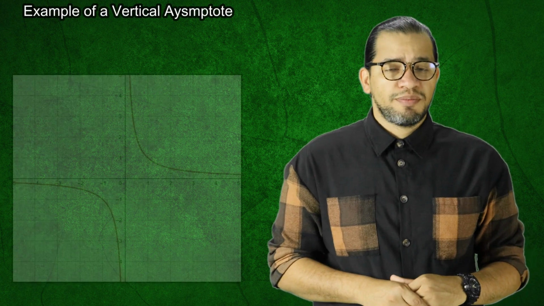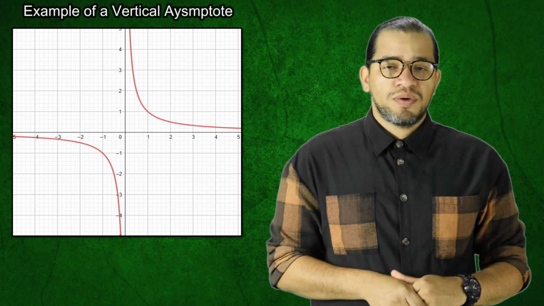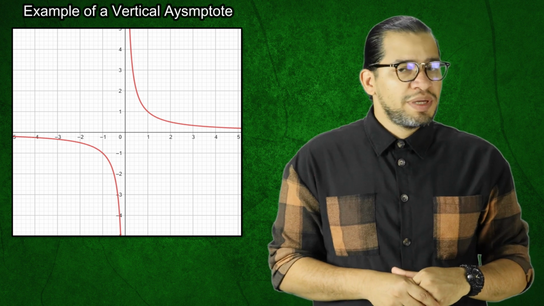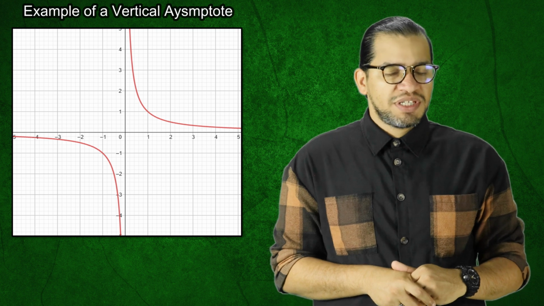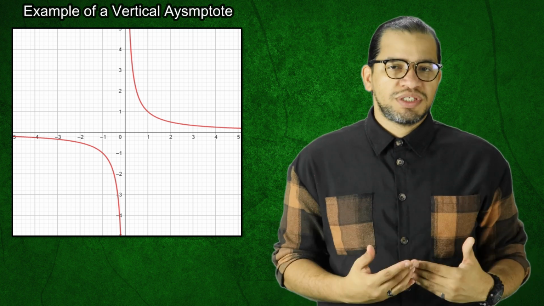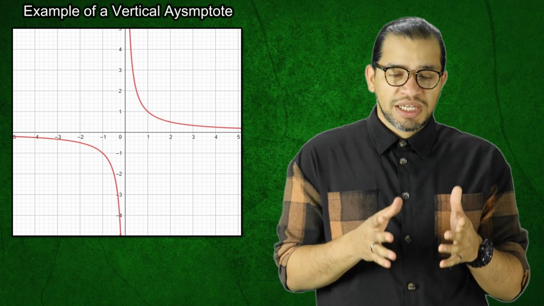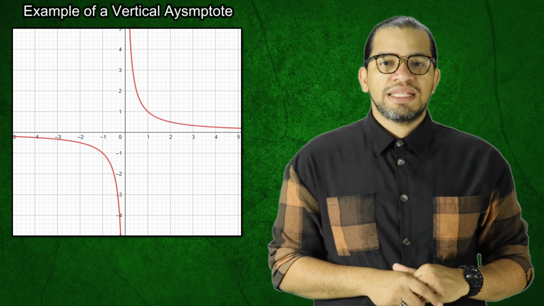For instance, let us consider the rational function given by f of x equal to 1 over x. Now, x equals 0 will not be defined for this function f of x, because f of 0 will be equal to 1 over 0, and that is not defined. But graphically, this will represent a vertical asymptote at x equal 0.